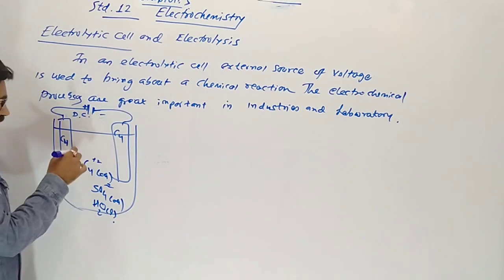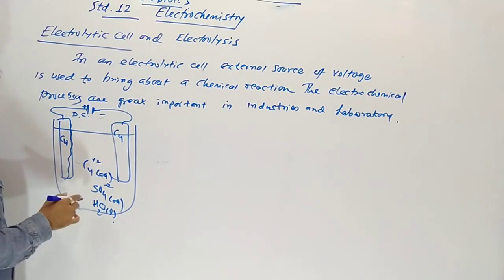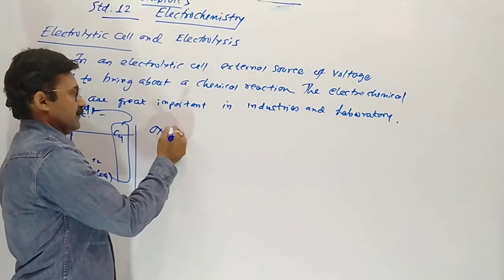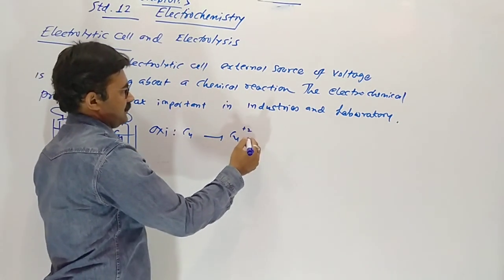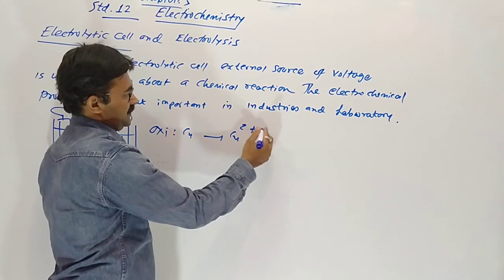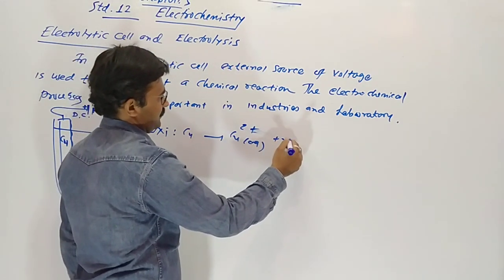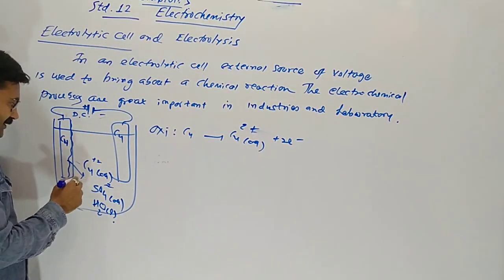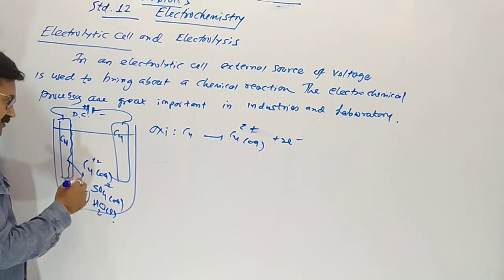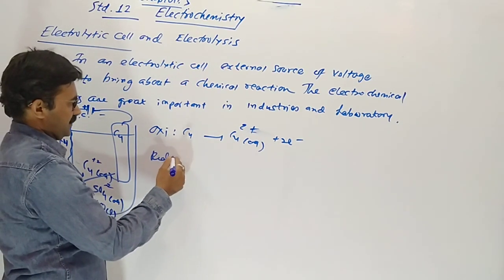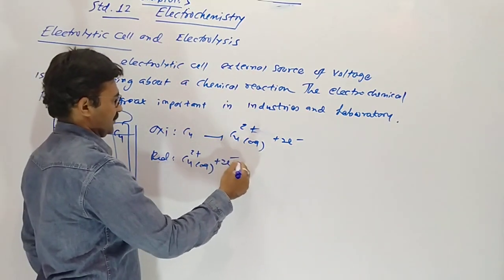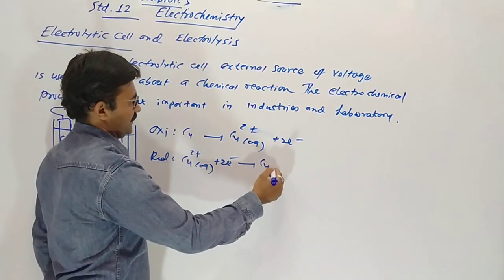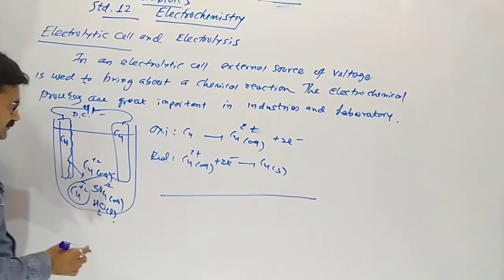So what happens here? Actually, copper experiences oxidation at the anode and gives a Cu+2 ion, and it moves into the solution. Now, this Cu+2 ion gains 2 electrons and converts into Cu solid.